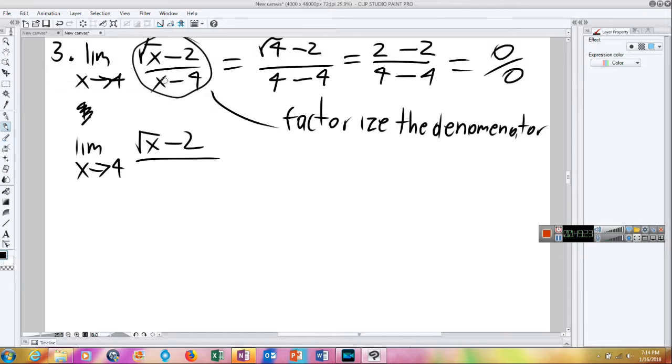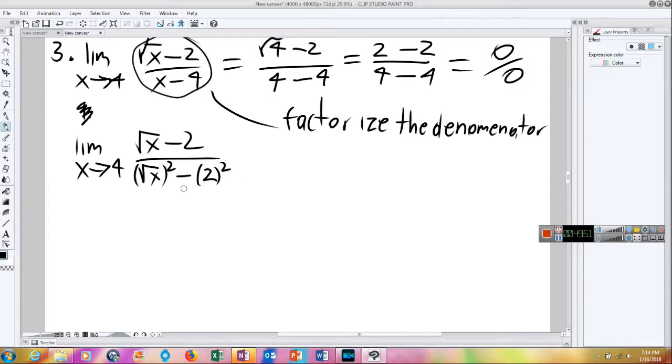To break this down further, we need the square root of this squared and the square root of this squared. So we're going to say the square root of x squared minus the square root of 4 squared, so that's 2 squared.